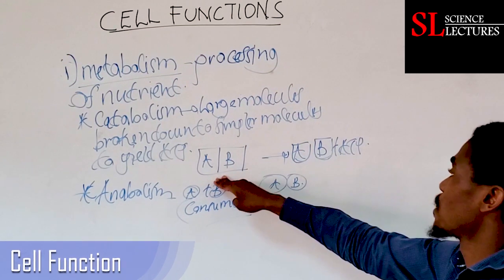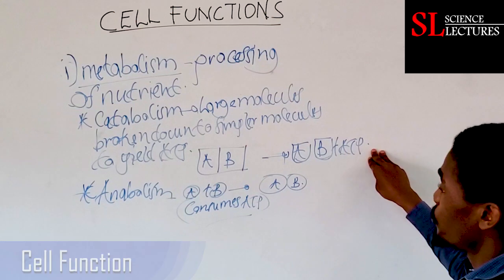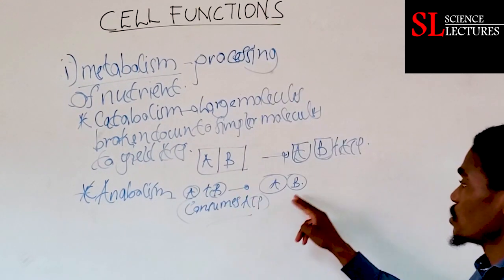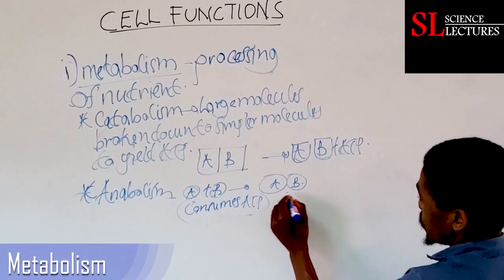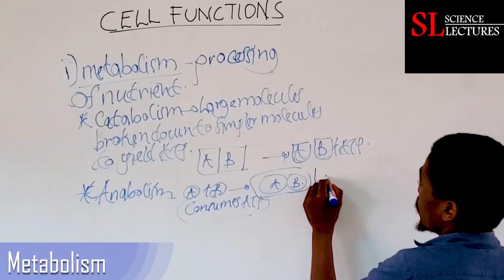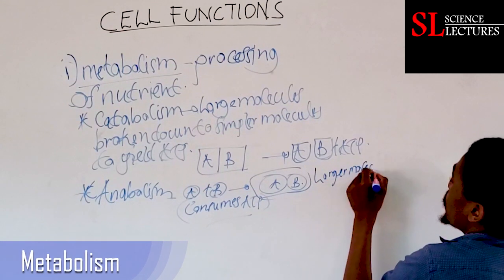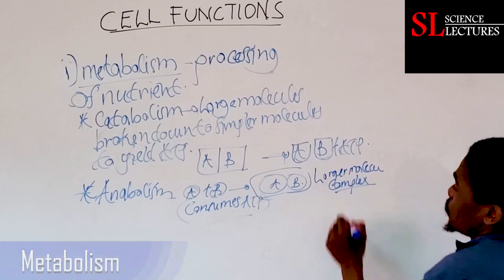Catabolism, we are metabolizing a larger molecule to form simpler molecules, and the process produces energy in form of ATP. Anabolism, we are joining two simpler molecules to form a larger molecule, a complex molecule.